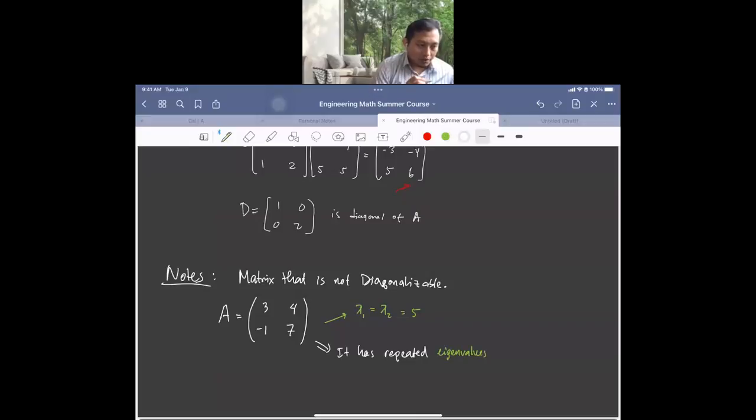And as an implication, because of the repetition, the matrix A is not diagonalizable. Why is it not diagonalizable? Because the repeated eigenvalues mean that it is not linearly independent.